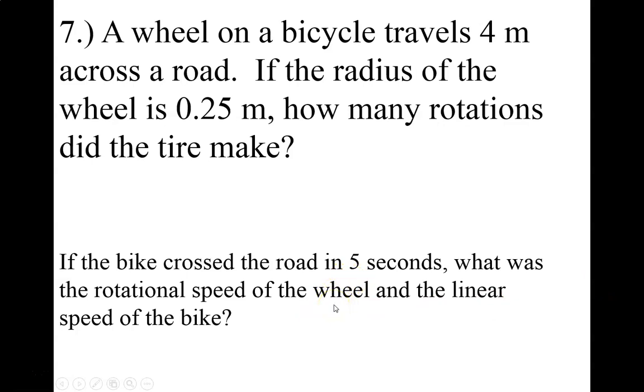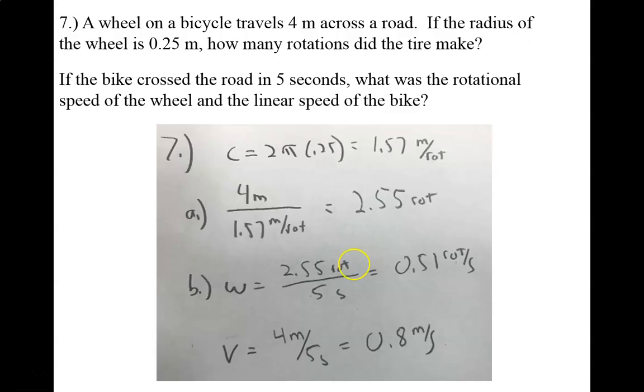Obviously we're going to be taking into account what we just learned, the fact that for every rotation, the bicycle travels one circumference. So the first thing we're going to do is figure out the circumference. 2 pi times 0.25, which is the radius, gives us 1.57 meters per rotation.